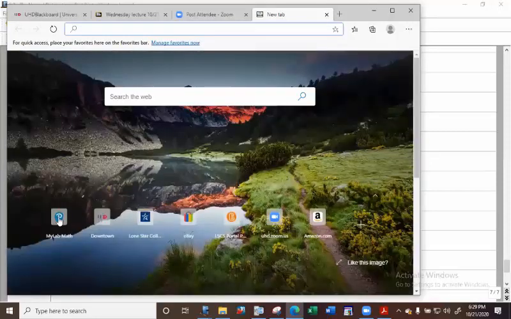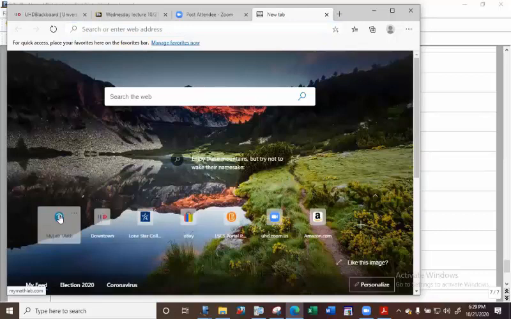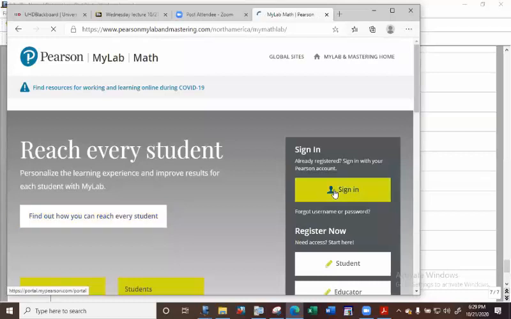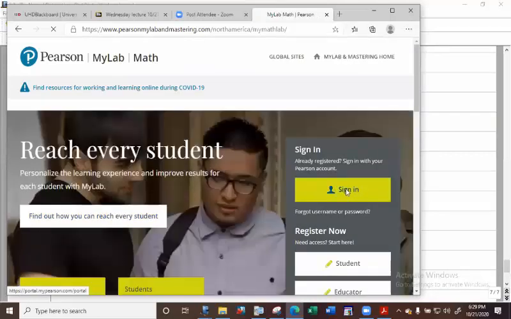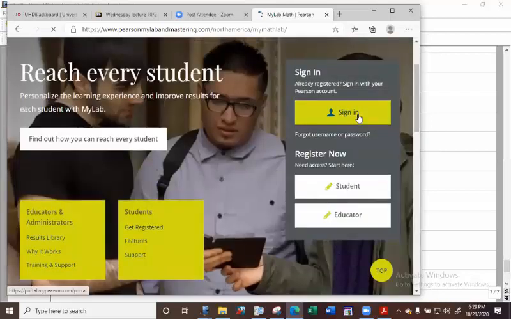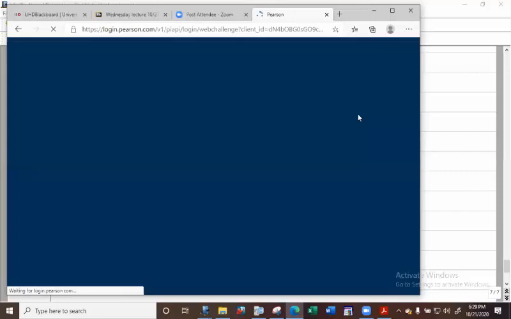So we want my math lab here. Come on, don't be so slow, log in. This is now going to solve the situation from last week where we couldn't do some of those problems.